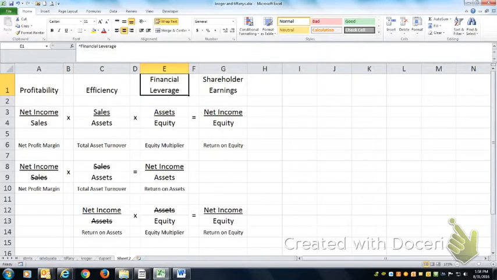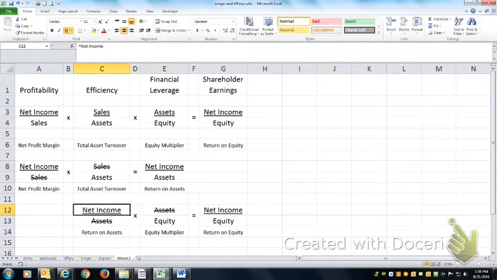The net profit margin is net income over sales. The total asset turnover is sales over assets. If you multiply net income over sales times sales over assets, note that the sales cancel each other out. You have net income over assets, which is the return on assets ratio.